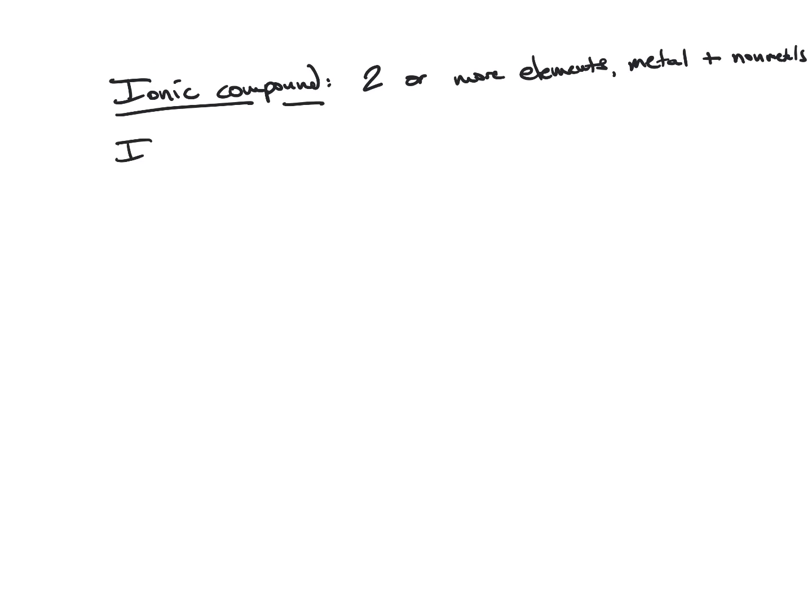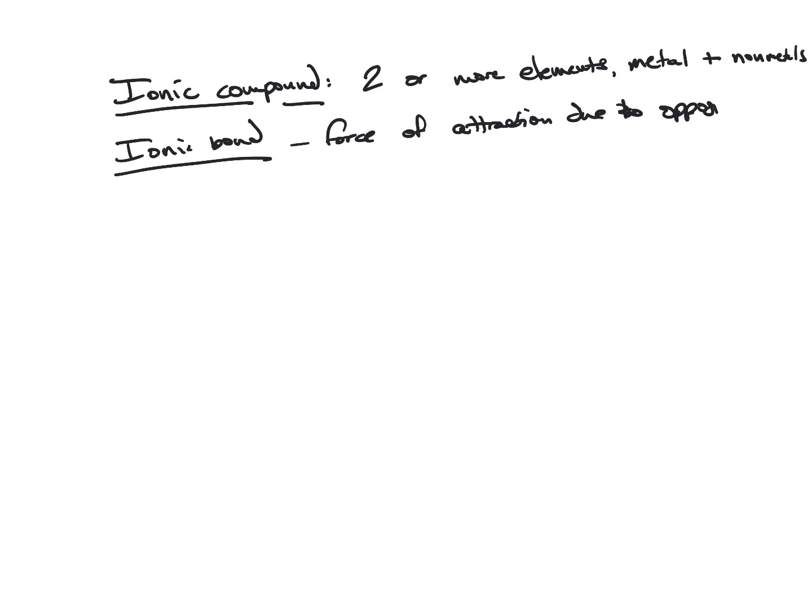What holds them together is what's called an ionic bond. An ionic bond is a force of attraction due to opposite charges. In our previous examples with those ions, we talked about how calcium forms an ion, which we call the calcium ion, and how nitrogen will form an ion and be called the nitride ion.